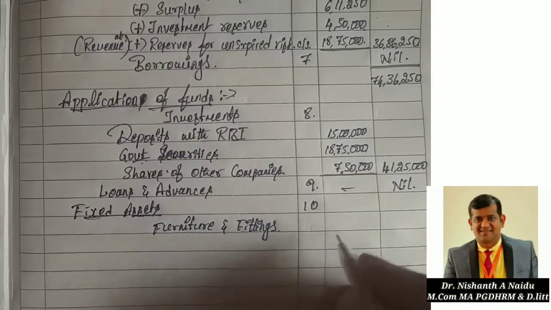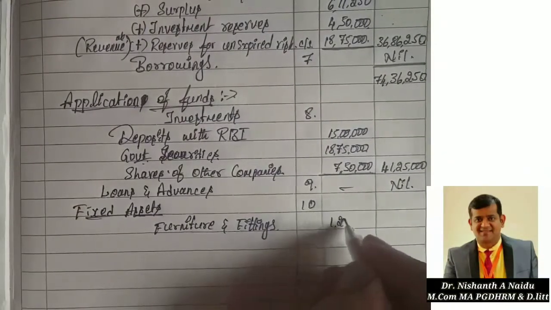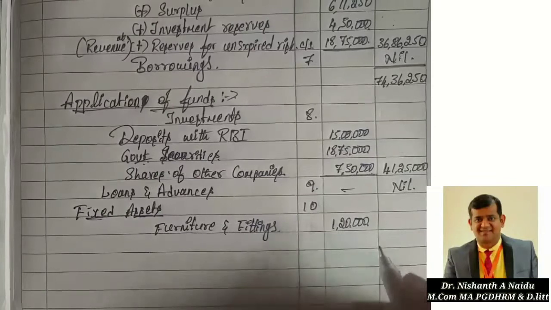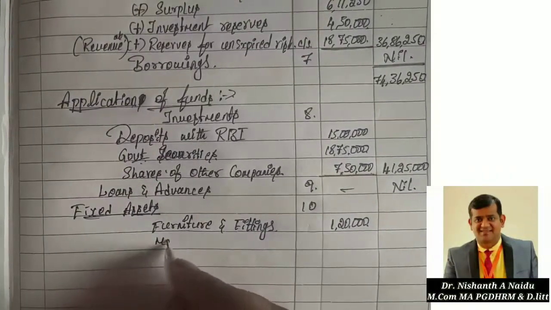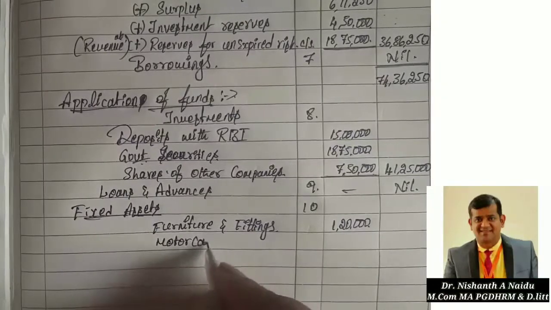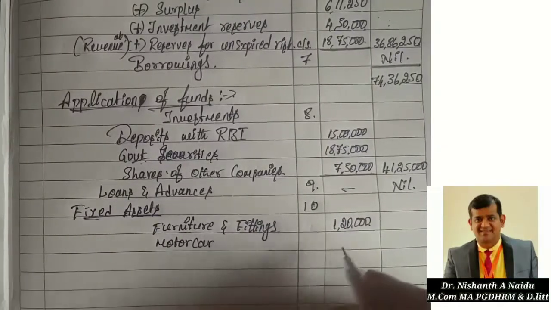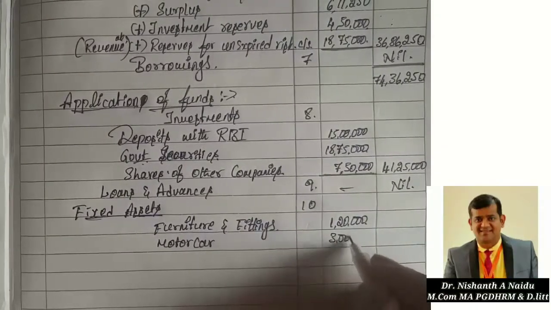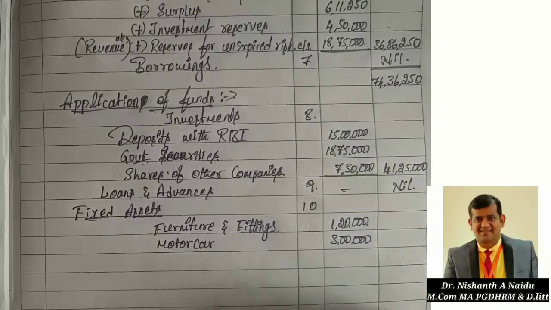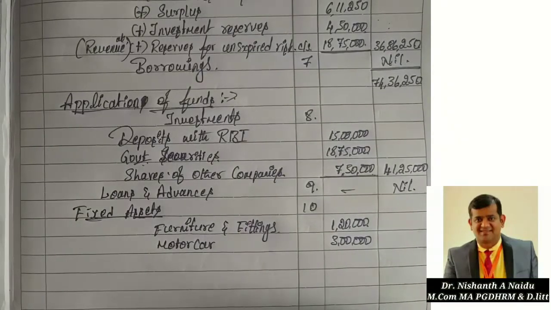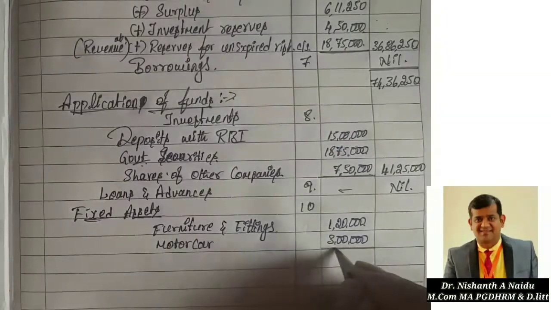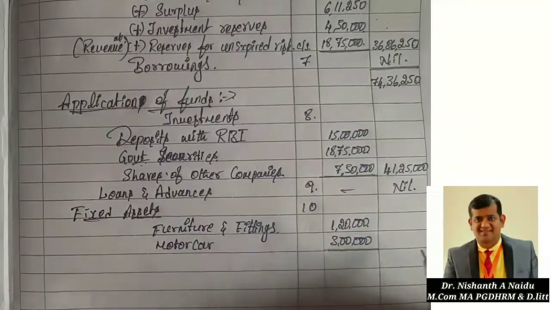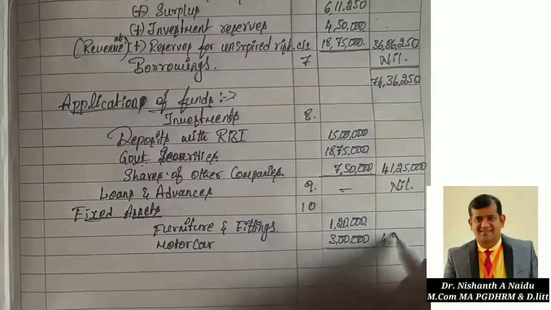So I'm writing that 1,20,000 rupees. Then we have above that immediately motor car. Motor car we have worth of 3 lakh rupees. So 3 lakh rupees motor car. So that's all. So total it, put it to outer column. So that comes to 4,20,000 rupees.